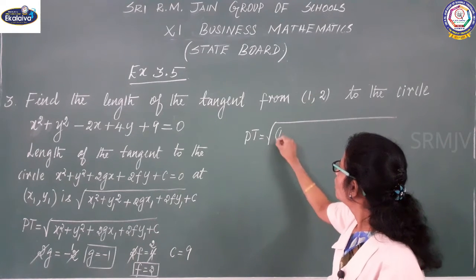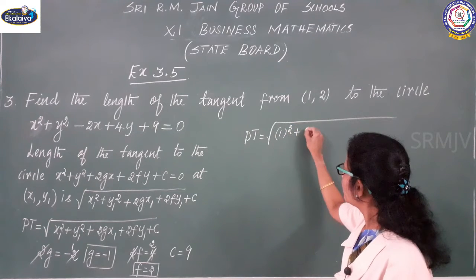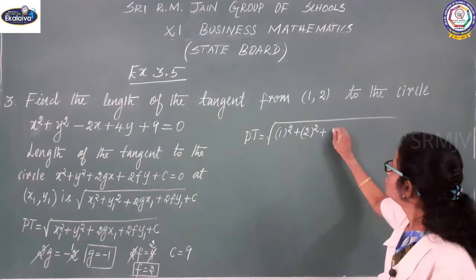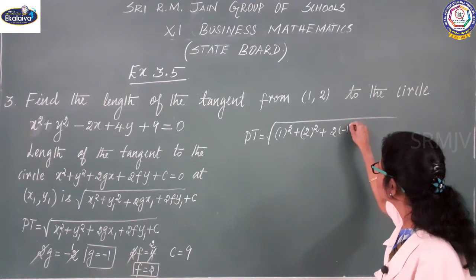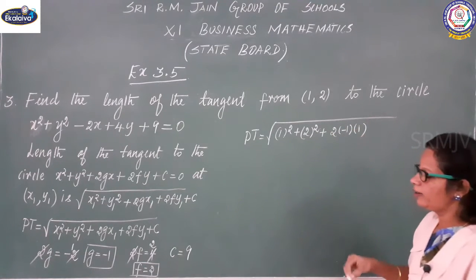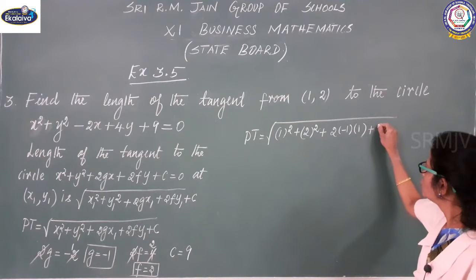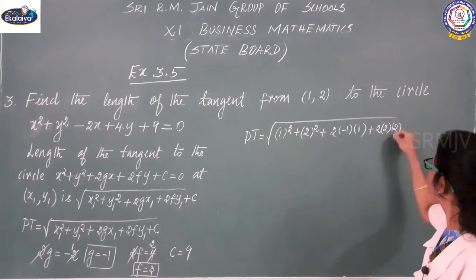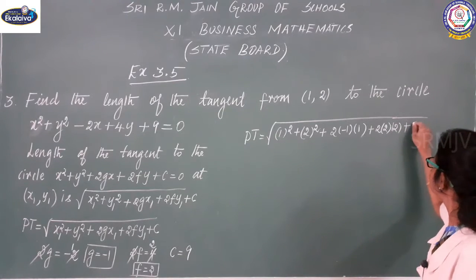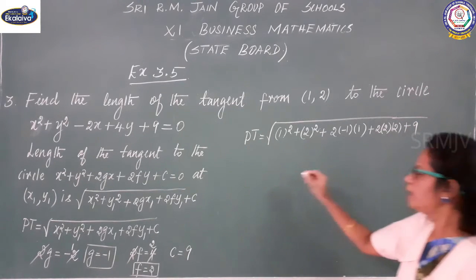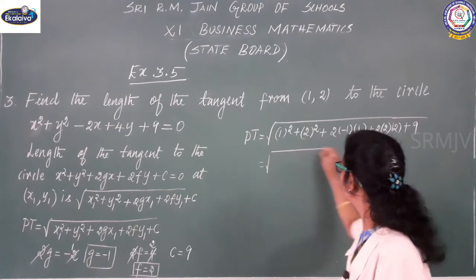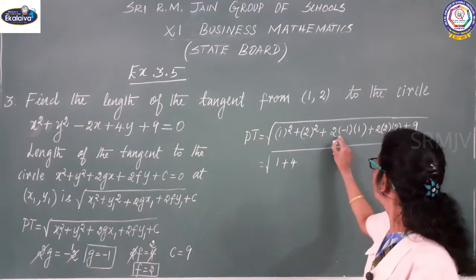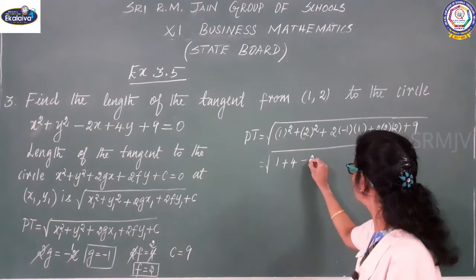x1 is 1, 1 square plus 2 square plus 2 into minus 1 into 1 plus 2 into 2 into 2 plus 9. Got it? Now square root of 1 plus 4 minus 2.